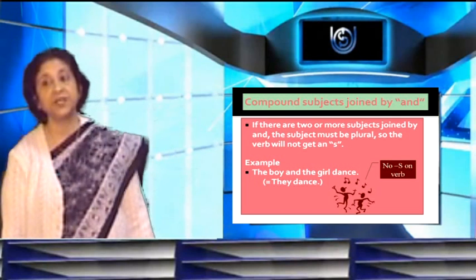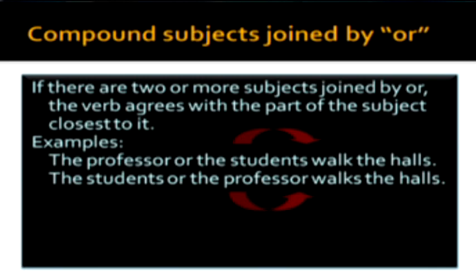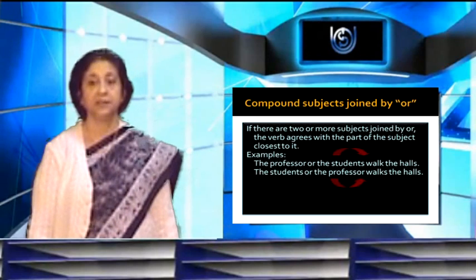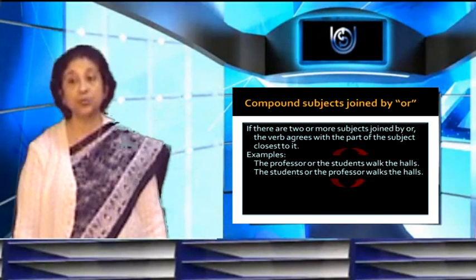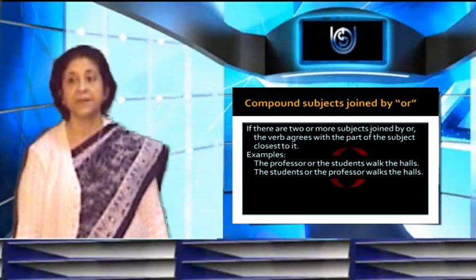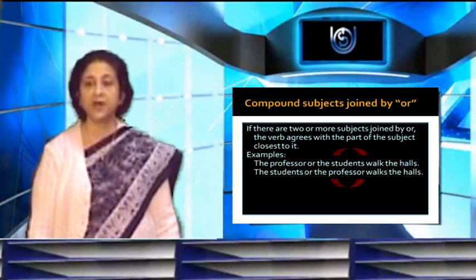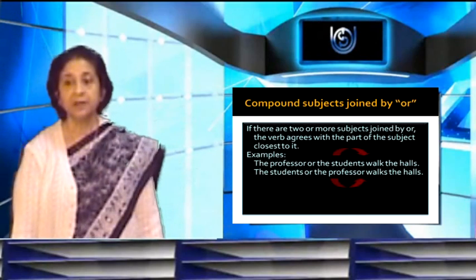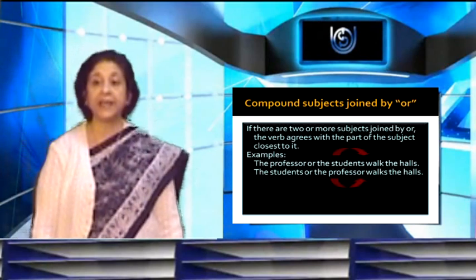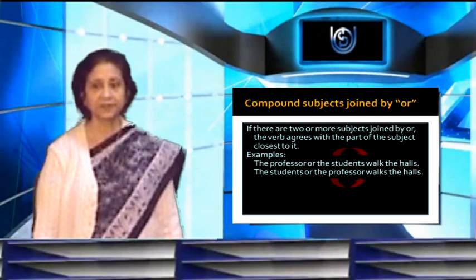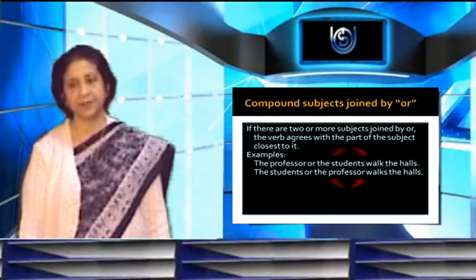Now compound subject joined by or. See the example. The professor or the students walk the halls. The next is, the students or the professor walks the halls. Here you see, in the first sentence, the verb is agreeing with the students, plural, the second part of the subject.